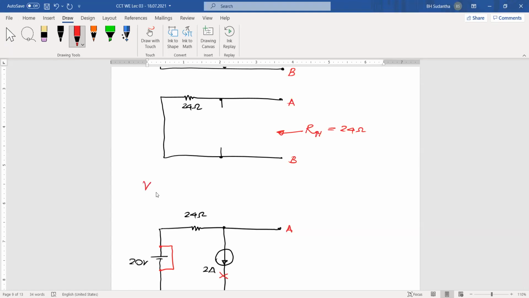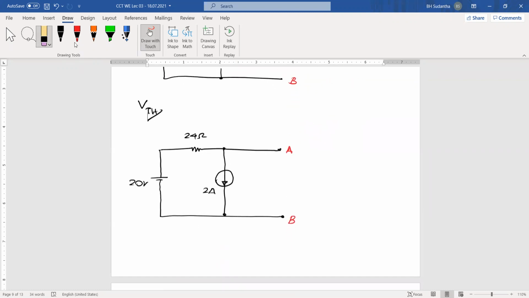VTH is the open circuit voltage across VAB.